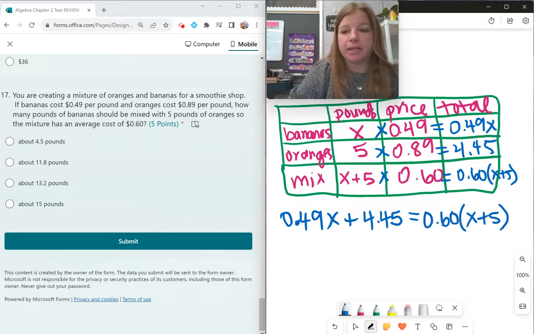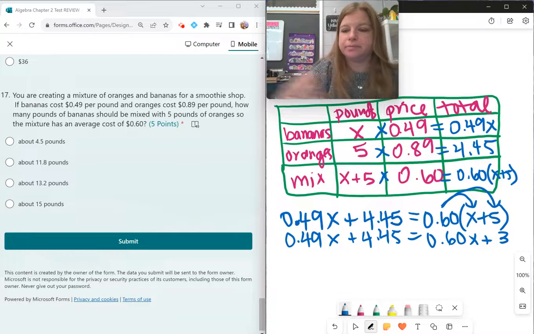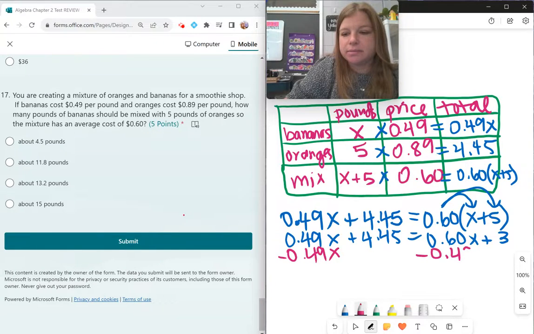So now I'm going to go ahead and start to solve this equation. So I have 0.49x plus $4.45 equals 0.60x plus 3, since 0.6 times 5 is 3. Okay, I have variables on both sides. Let's say I go ahead and subtract 0.49x on both sides.